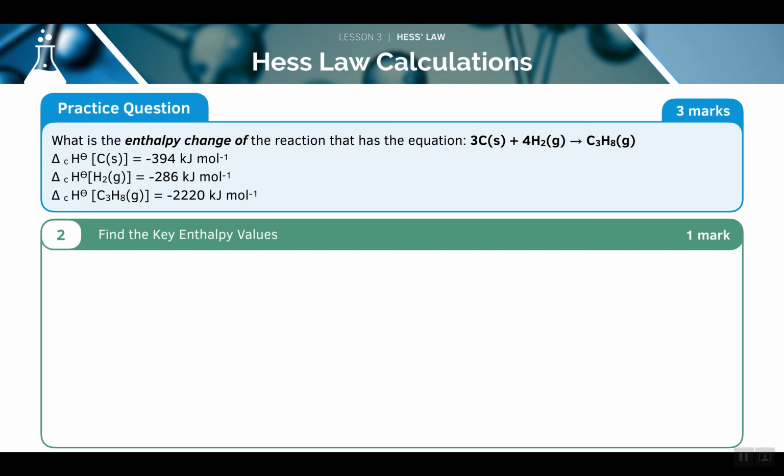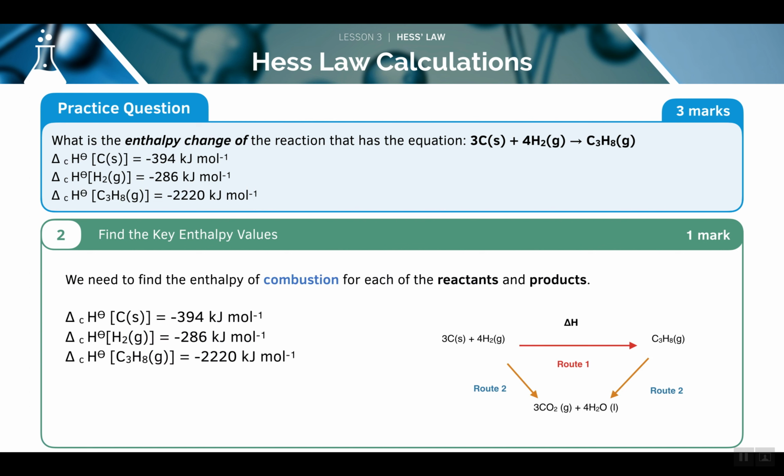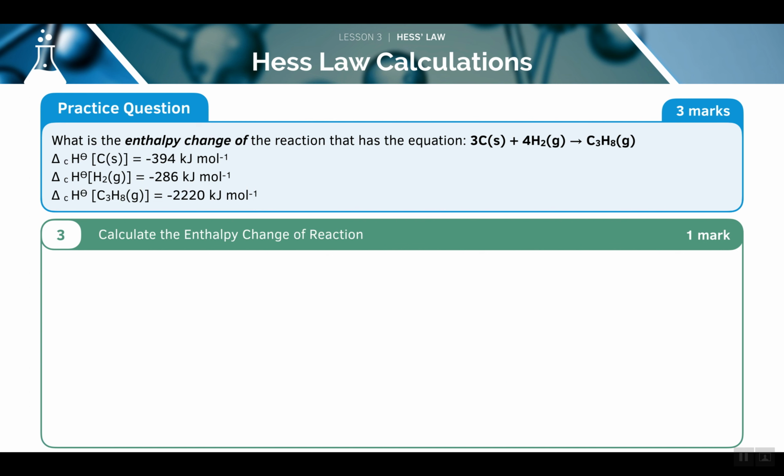Next, we can find the key enthalpy values. These are given to us again in the question here. Now we can calculate the enthalpy change of the reaction. So once again, we would do route 1 is going to be equal to route 2.